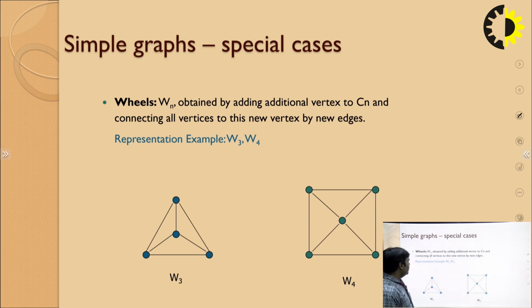Wheels. In a cycle, if we add one vertex and connect that vertex with the other vertices, then this is known as a wheel. As per the definition, W_n is obtained by adding an additional vertex to C_n and connecting all vertices to this new vertex by new edges.